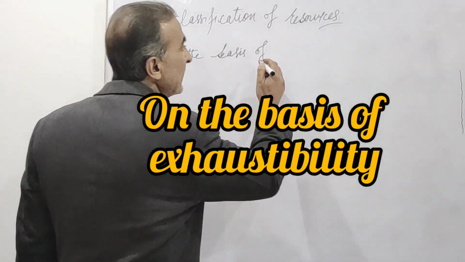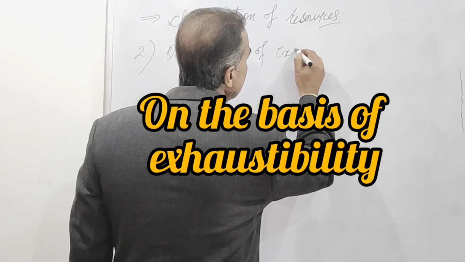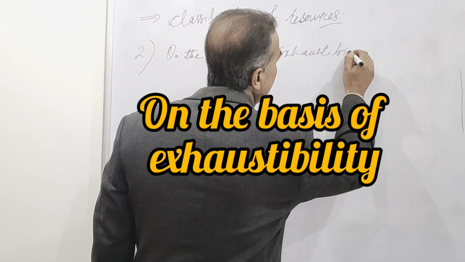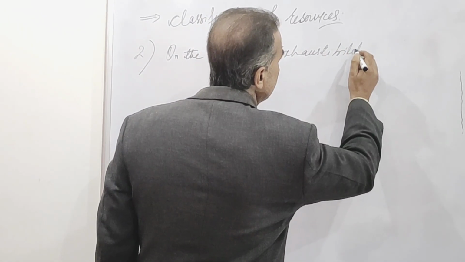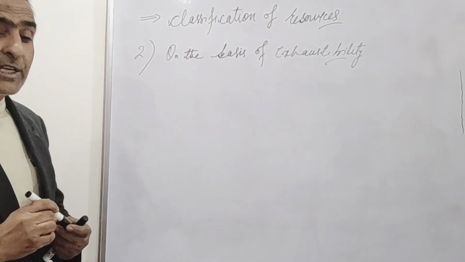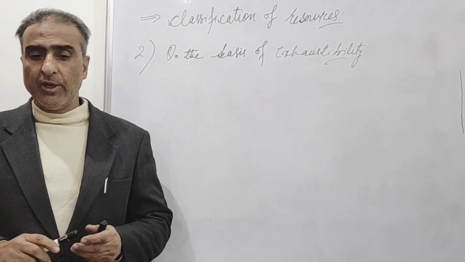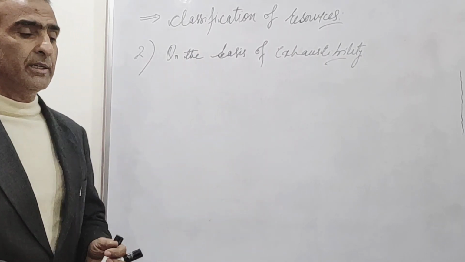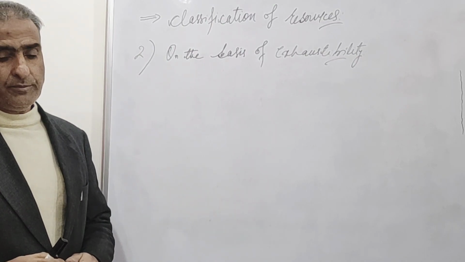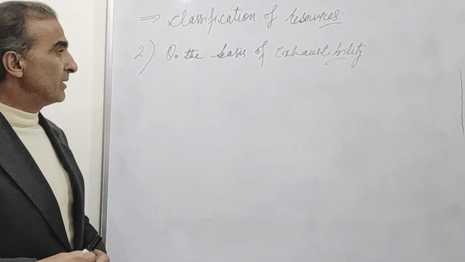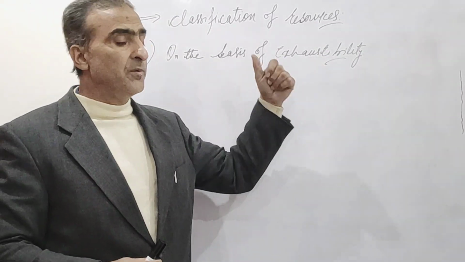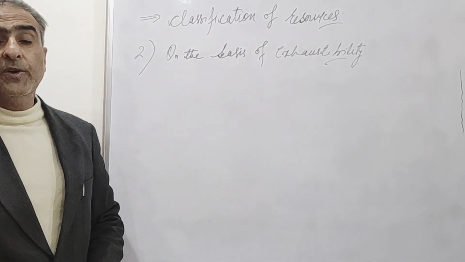Classification on the basis of exhaustibility. Now see, when we say exhaust is a thing, is a term when something gets finished or something vanishes or something gets exhausted. So this is a term related with something that gets finished.